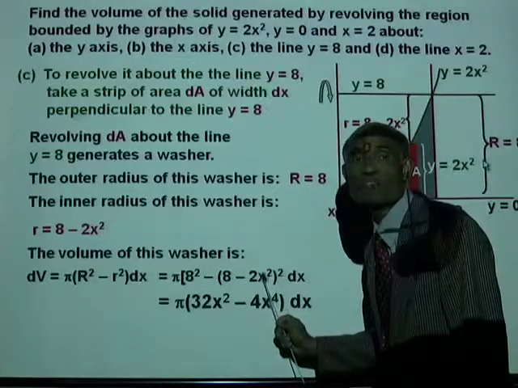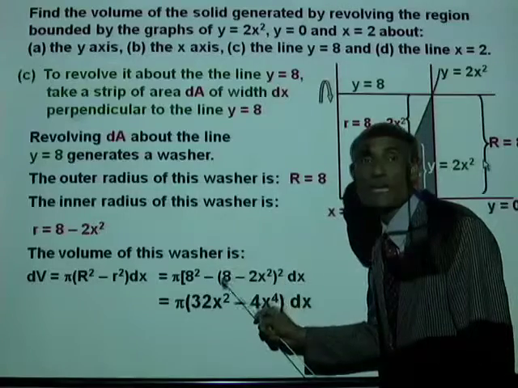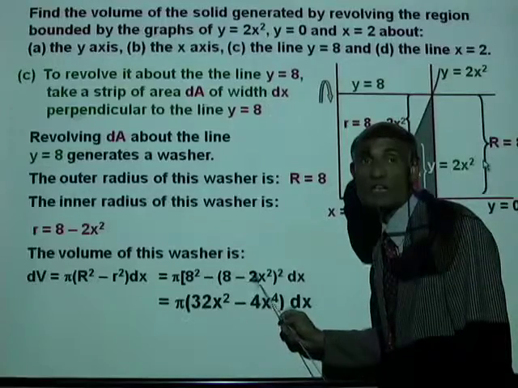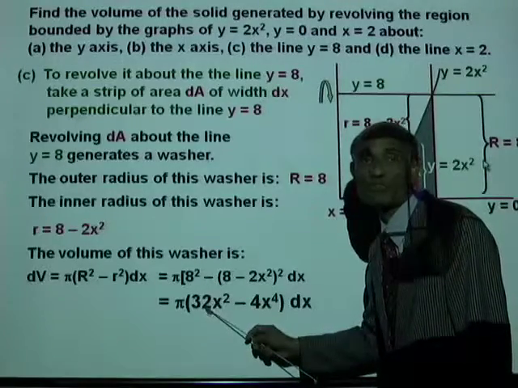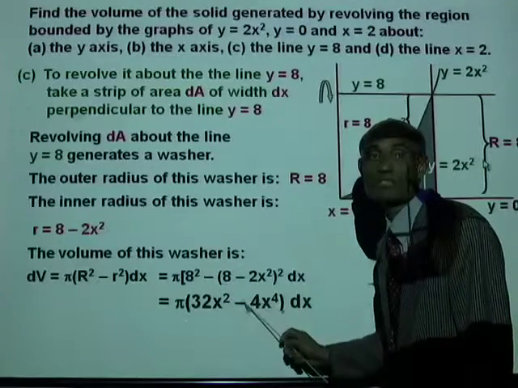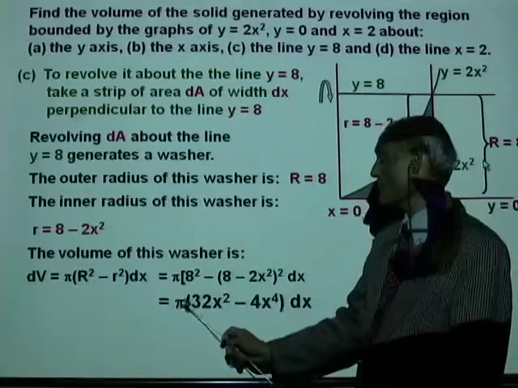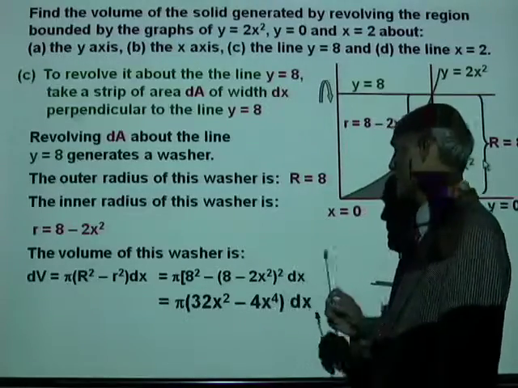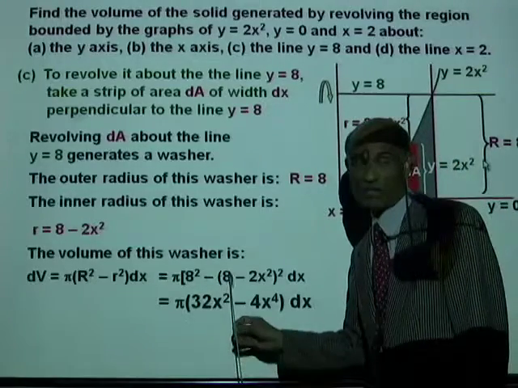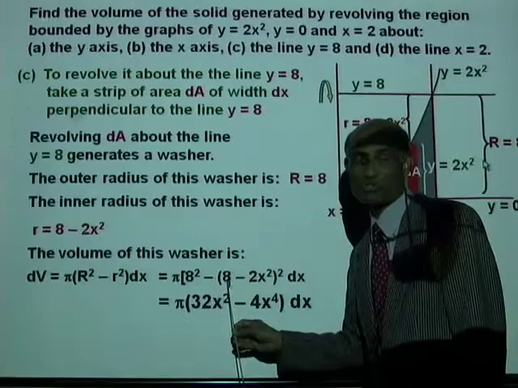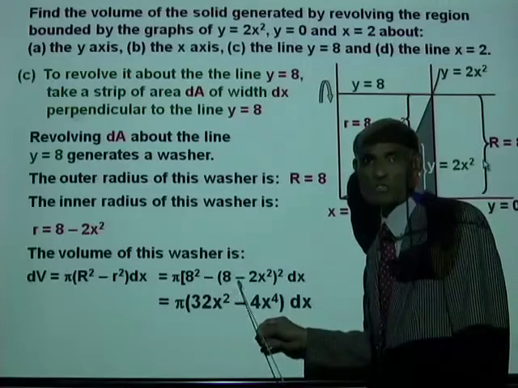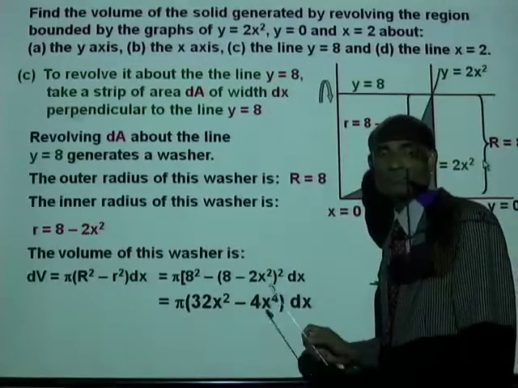So the first term that will survive is 2 times 8 times 2x squared, that is 32x squared. It is negative here, multiply with the negative become positive. And plus 4x to the power of 4 times negative is this. So that will be pi times 32x squared minus 4x to the power of 4. Now, if you don't understand it, just go back and do the simplification one more time. Expand this and then distribute that negative sign and see whether you get this.